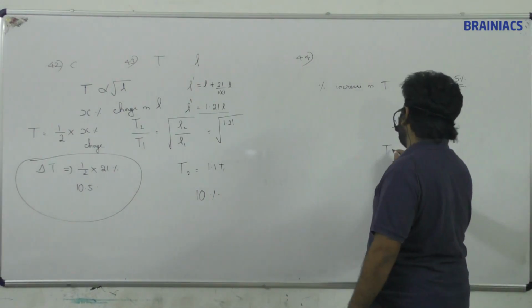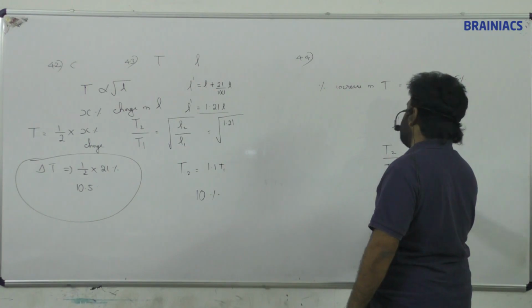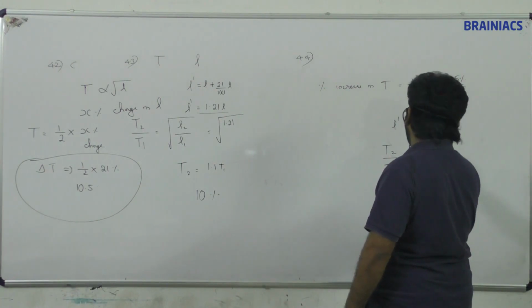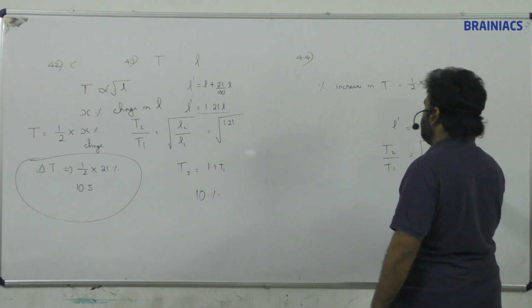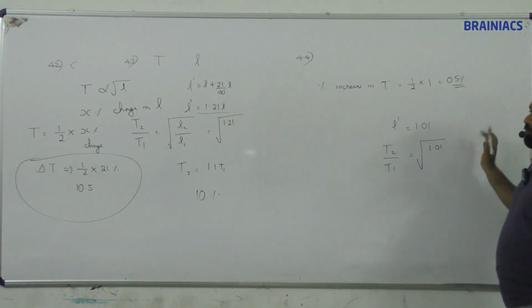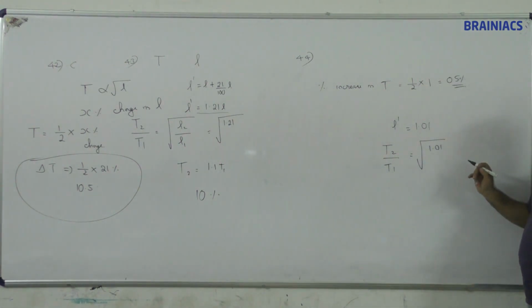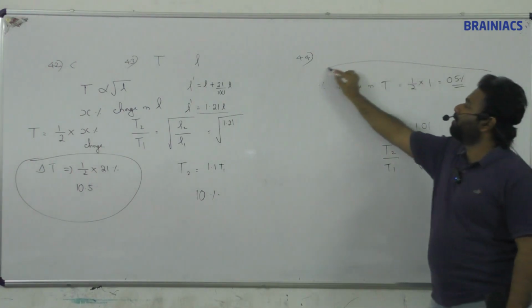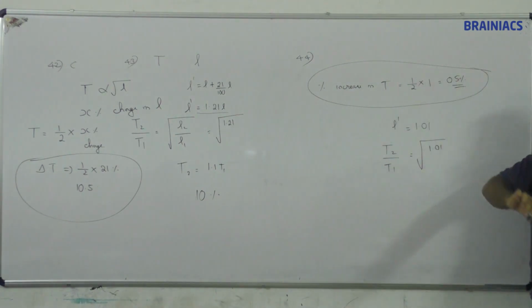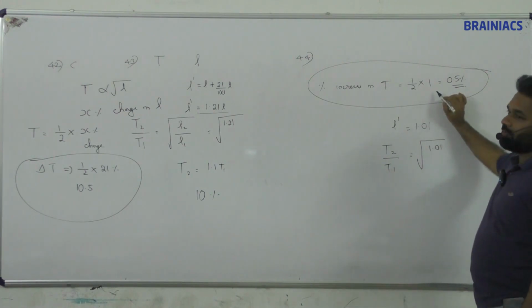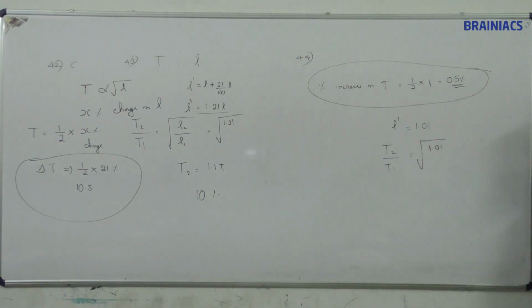Let's see this also. T2 divided by T1 is equal to root of 1.01. When you take the root of this, how do you take the root of this? Always go with this method for small values.